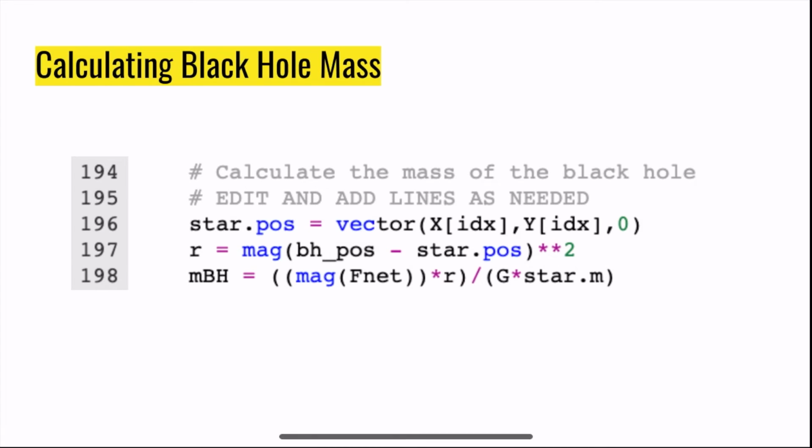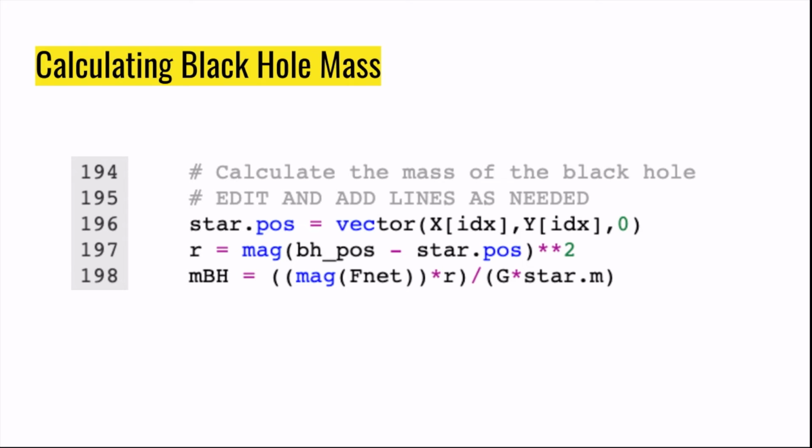After calculating the net forces, we must calculate the mass of the black hole. In order to do so, we must first find the position of the star. The position of the star is equal to the vector of the x-index, the y-index, and nothing for the z-index. After doing so, we must find r.